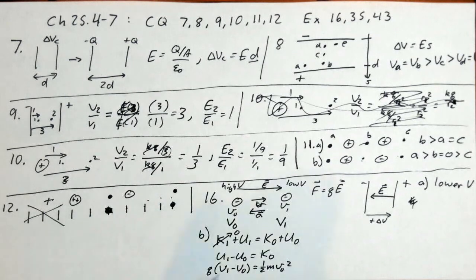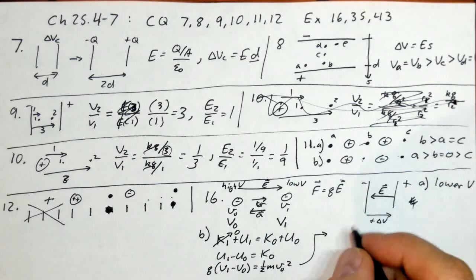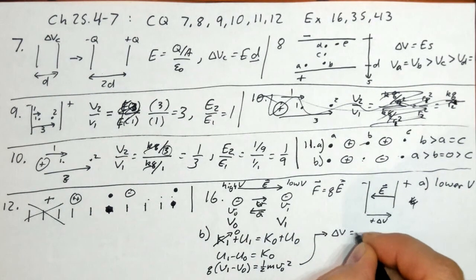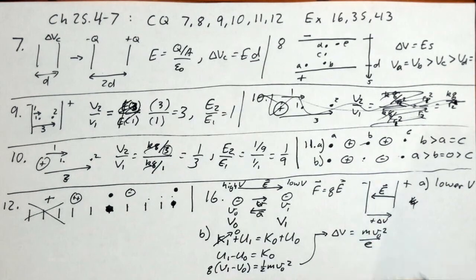Potential energy, for electric potential energy, is just the potential of the sources times the test charge. And now this is what we're looking for: this is delta V. Rewriting that over here, delta V is equal to m V0 squared over e, the charge of the electron.